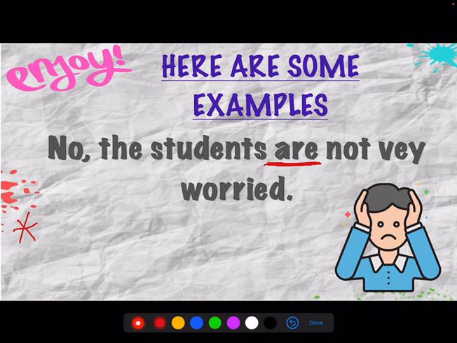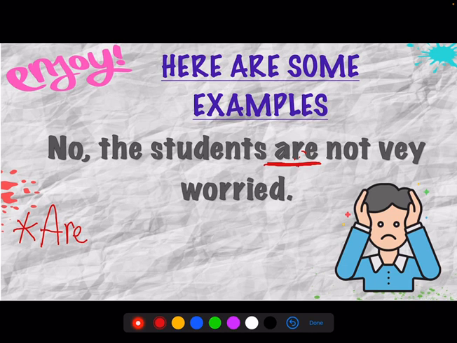Okay? And we said that if you have the verb to be in the sentence, you should take it as it is for your question. So now you have to start your question using are.